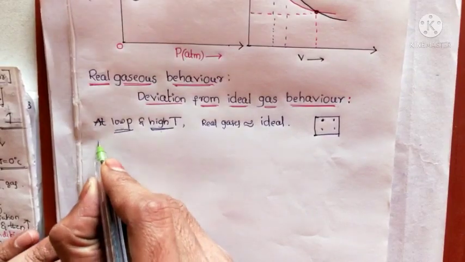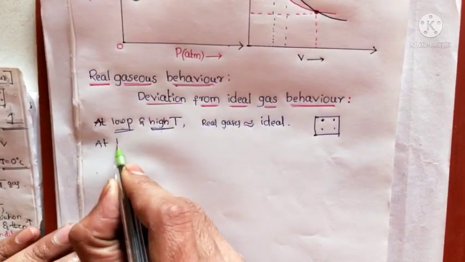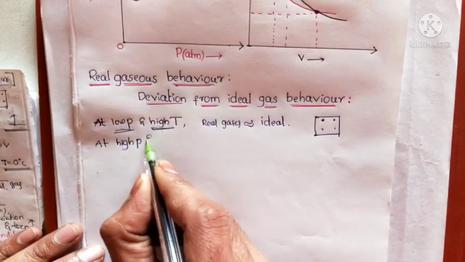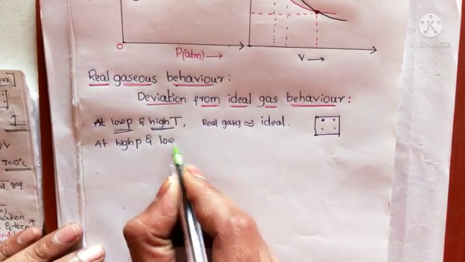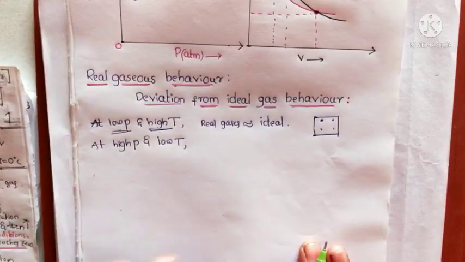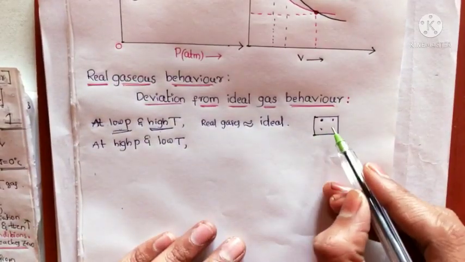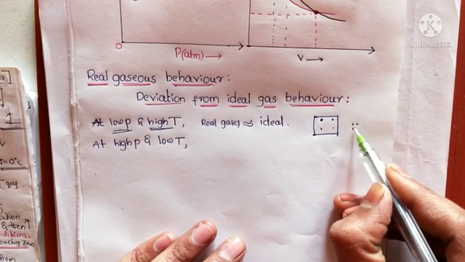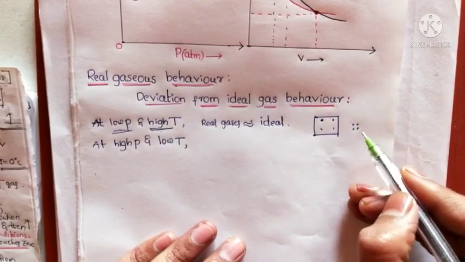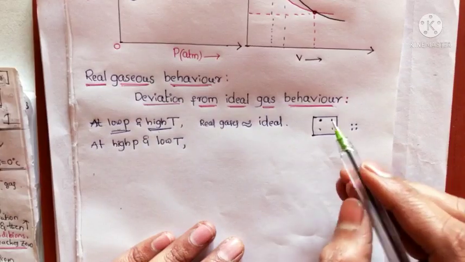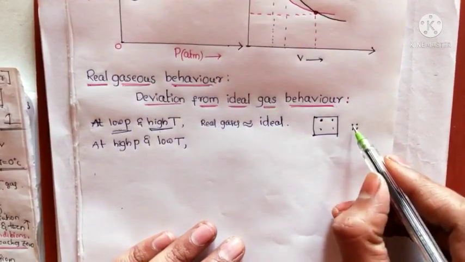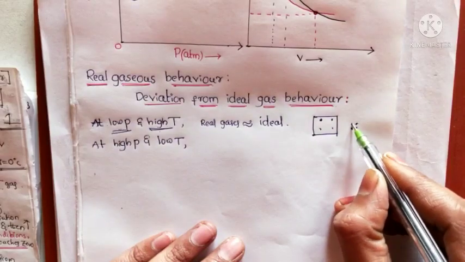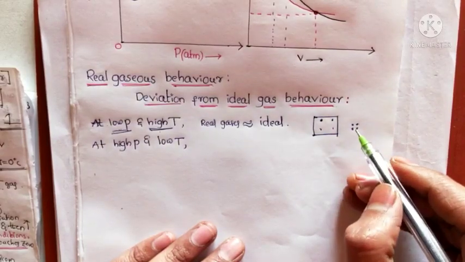Next, if you take high pressure and low temperature, what happens here? At high pressure, molecules come close to each other. At low temperature, the speed of the molecules decreases, so gas molecules come close to each other.